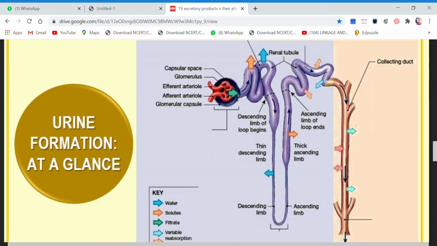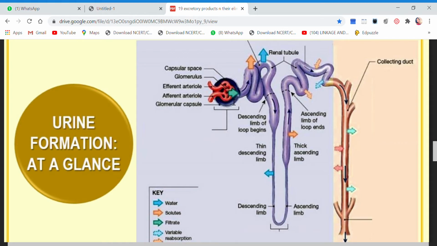Here you can see this green arrow. 180 liters per day of filtrate is given out from the glomerulus into the Bowman's capsule, but the urine which is released by us is only 1.5 liters. That means 99% of the filtrate is reabsorbed.